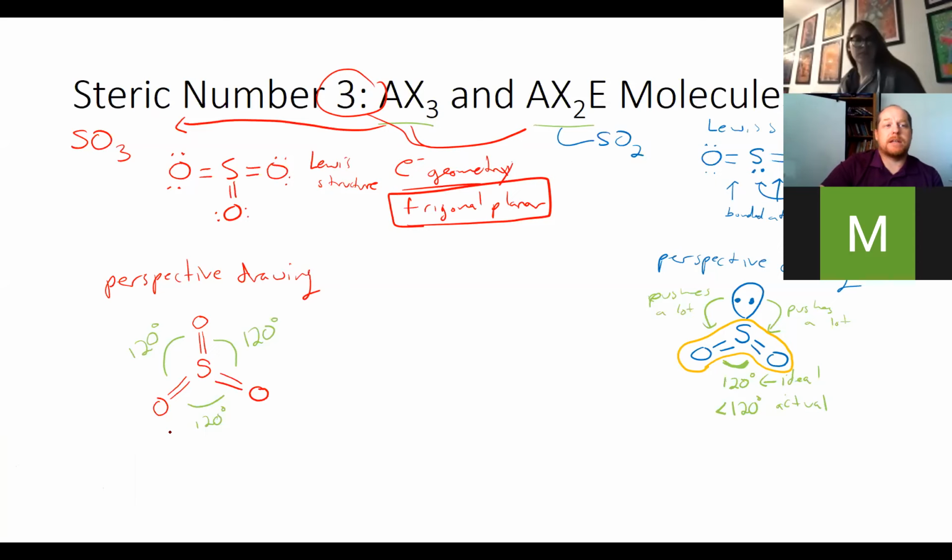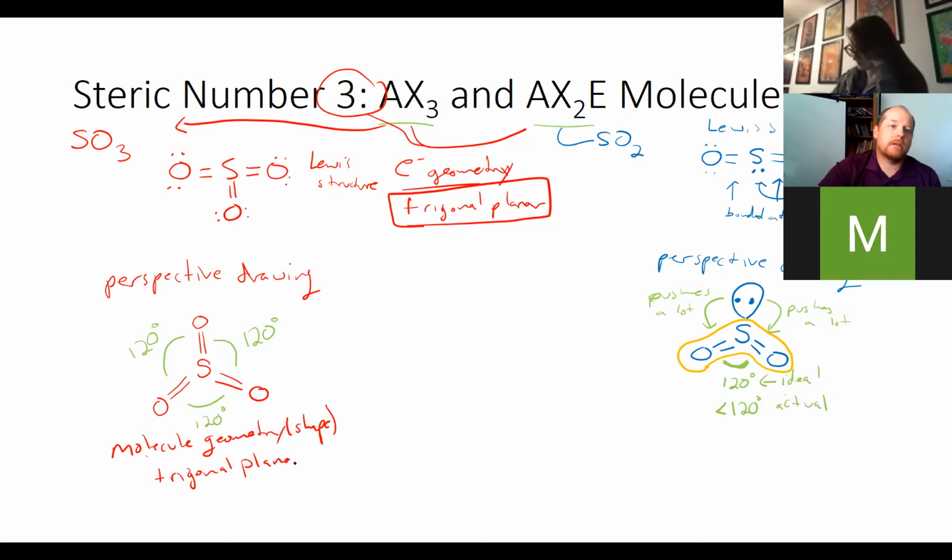But if we have something where it's AX3, AX3 is going to have the molecule geometry or molecule shape. If you have a steric number 3 and they're all bonded atoms, that's going to be trigonal planar as well. Okay. And so for SO3, it's trigonal planar.